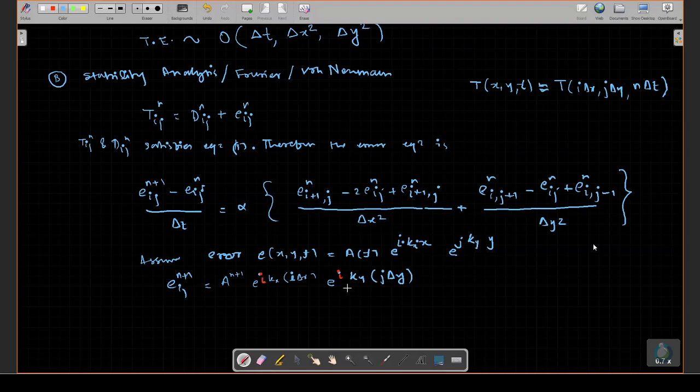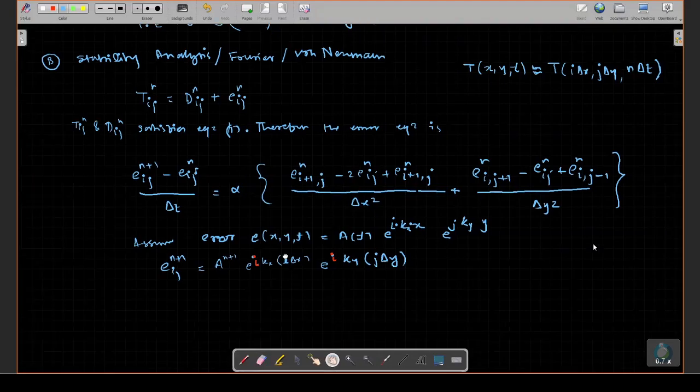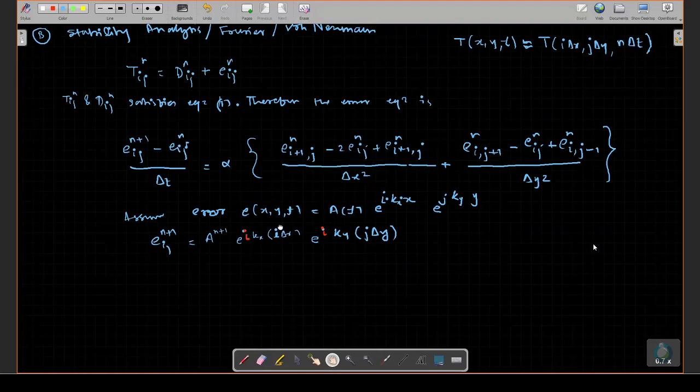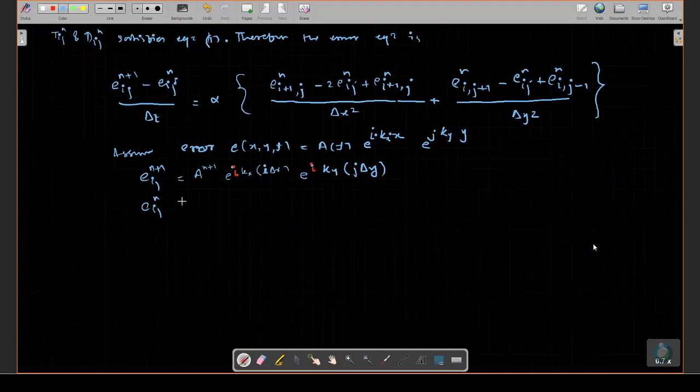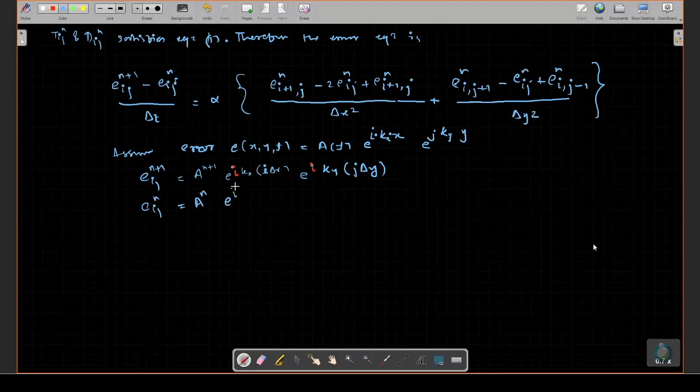Now we will use it for E_(i+1), n. So let me just write for E_ij^n. E_ij for n is A_n e^(iκ_x i Δx) e^(iκ_y j Δy). So this is there.